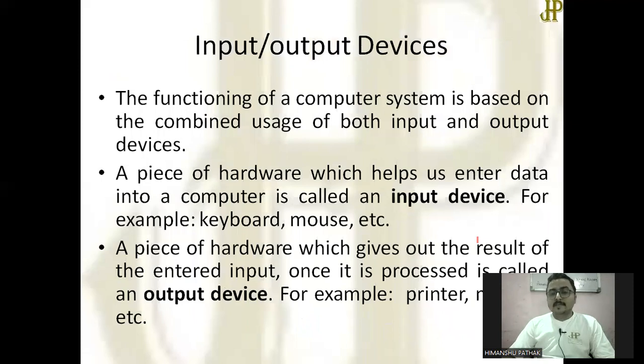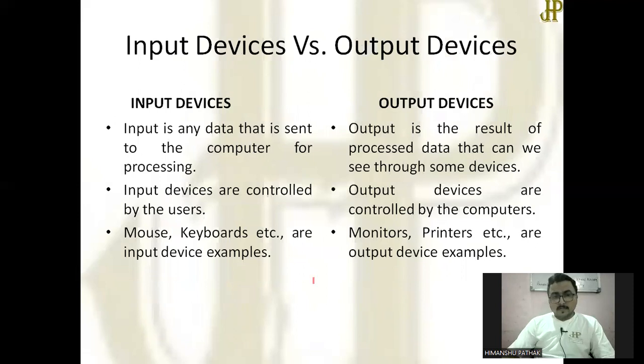Next one is the input output devices. As we all know that a piece of hardware that are needed to use or enter data into a computer known as input devices, and those piece of hardware that are needed to show the result of the processed data are known as output devices. These are the differences, basic differences I have put on. First one is the definition. Second one, input devices are controlled by the users. Why? Because I am moving the mouse here and there.